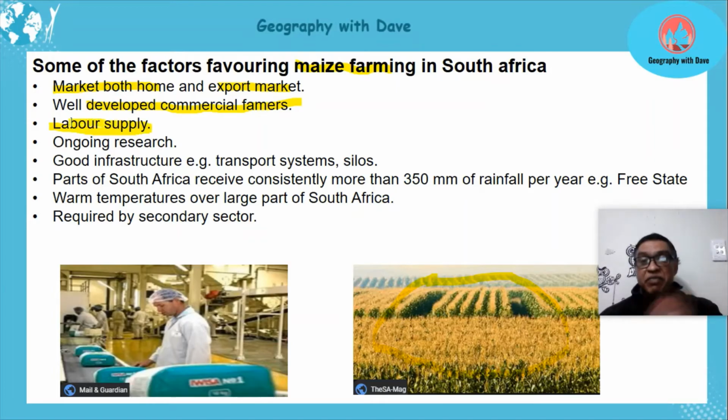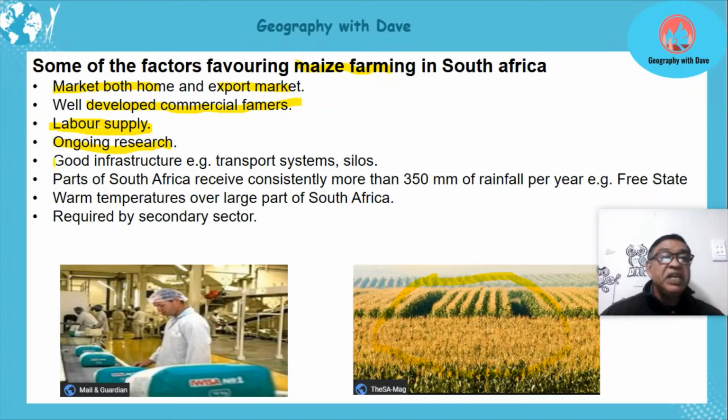From the previous one on bee farming, you need people to farm, and it's linked to the secondary sector also, where these people are producing the maize, and the tertiary sector, ongoing research like bee farming. There's lots of research, improvement of seeds, etc., for growth, fertilizers, all these things.